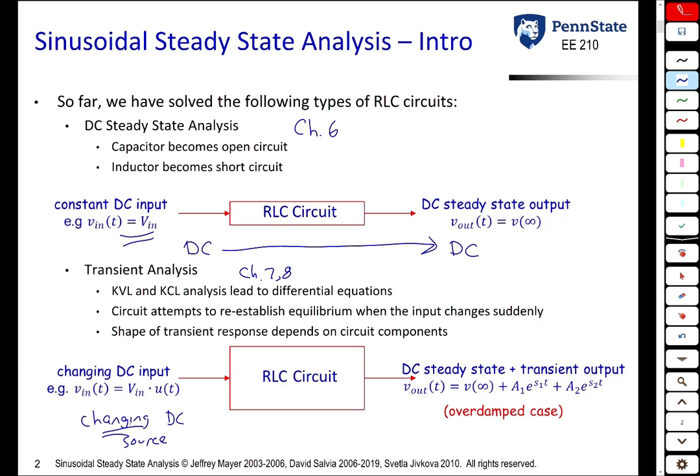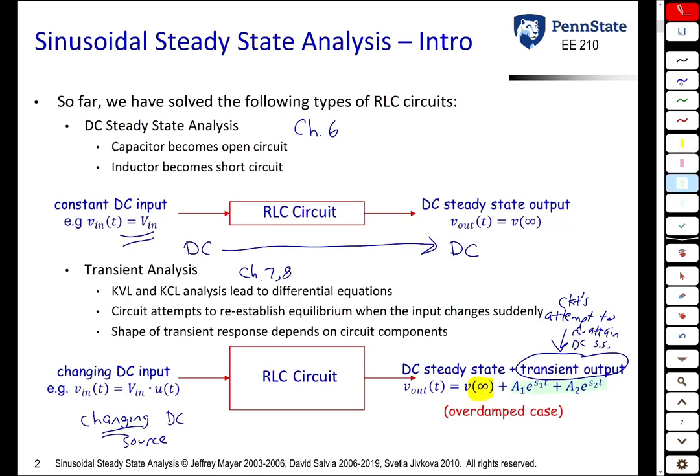And what's going to happen is the output is going to include a transient response, and this is the circuit's attempt to reattain DC steady state. So the output in cases like this is we still had a DC steady state output, plus we had a transient response.